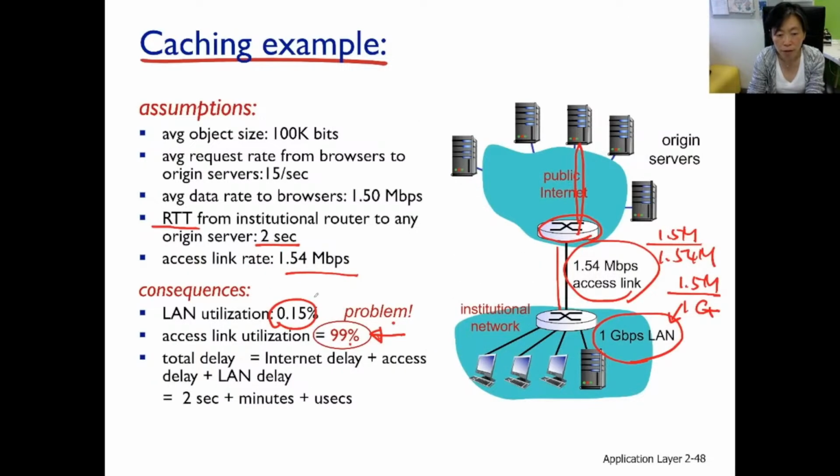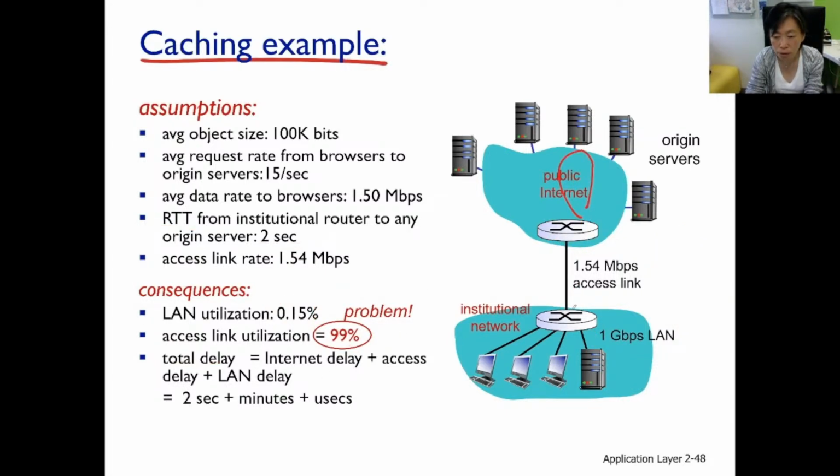Okay. Let's come back here. Therefore, if we want to calculate the total delay of web request and object download, it will be round-trip delay here, plus round-trip delay here, plus round-trip delay here. 3 components: internet delay, access delay, and LAN delay. Internet delay, we already defined it. Just make it simple. Just say that it's only 2 seconds. But hey, here, a fully utilized link with high queuing delay is going to be very long.